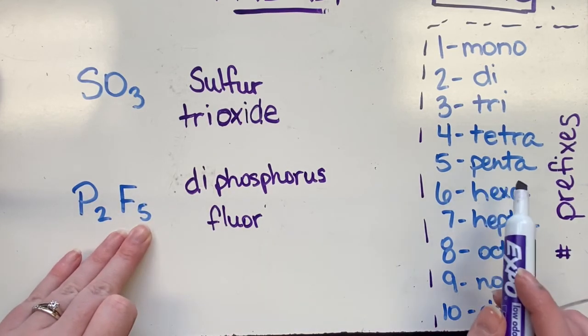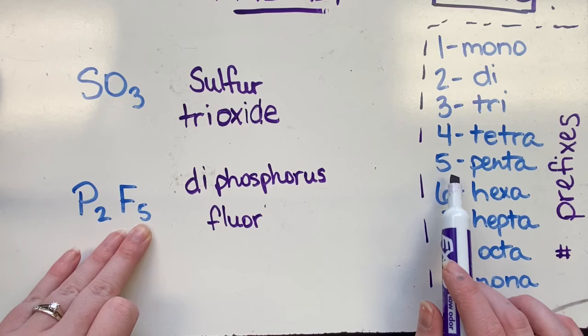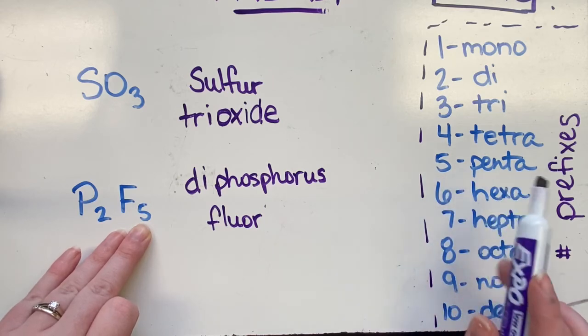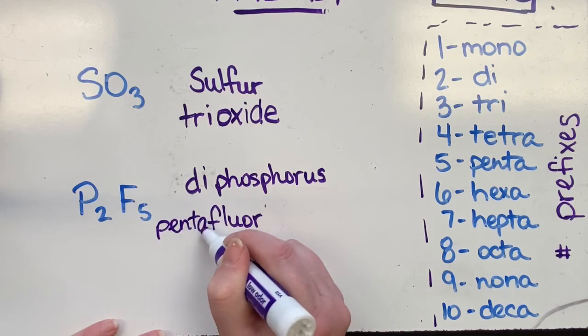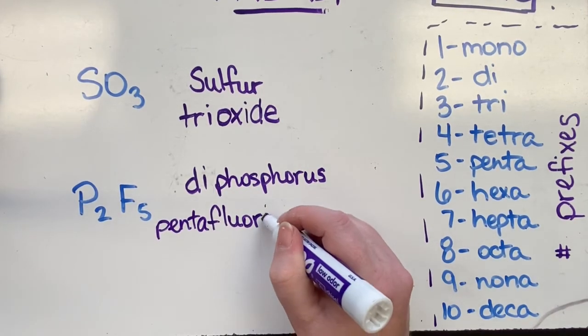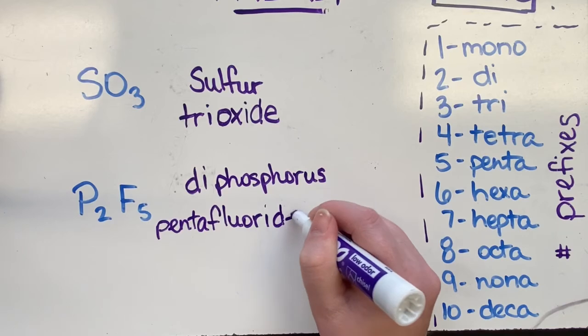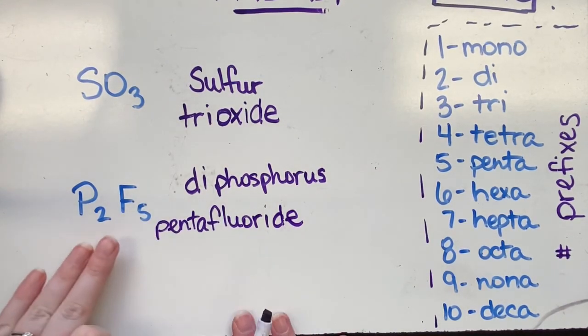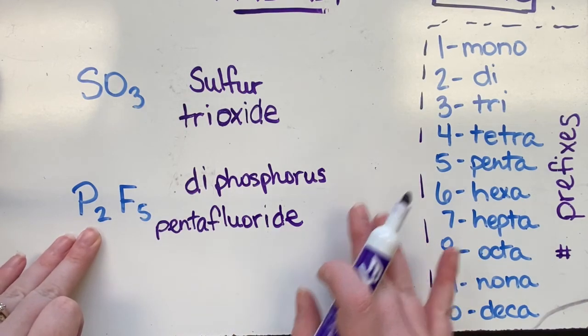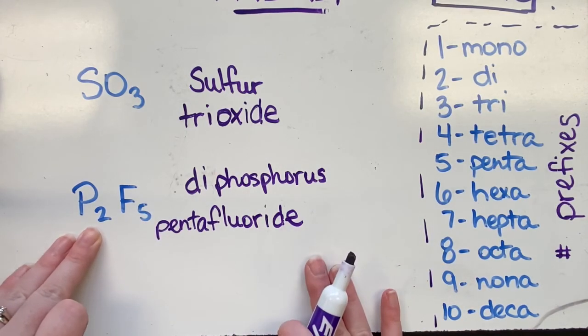So I go to my prefix list. The number 5 relates to the prefix penta. So I will put penta in front, and I will always add the ending IDE. So the name of this molecule is diphosphorus pentafluoride.